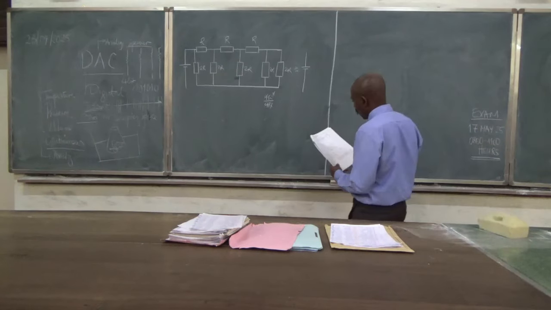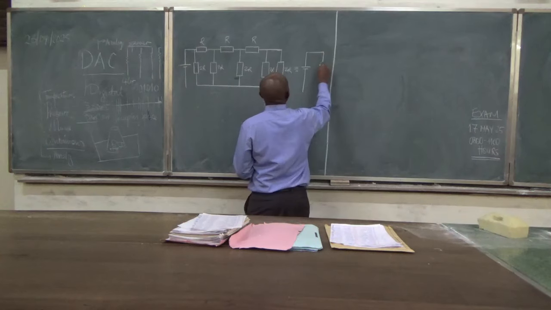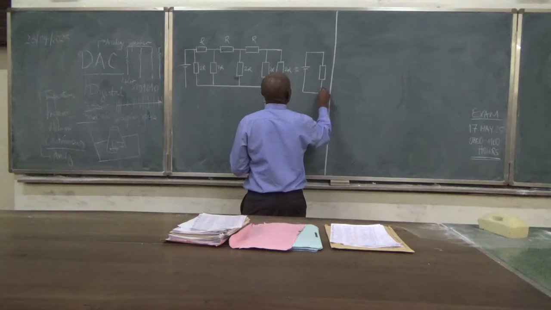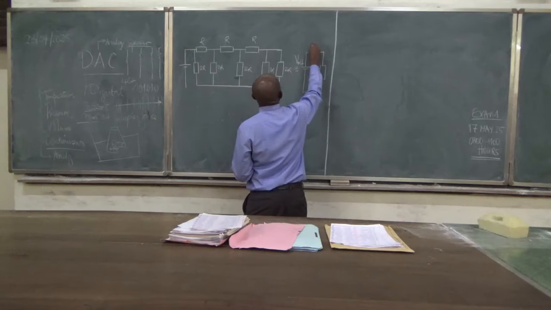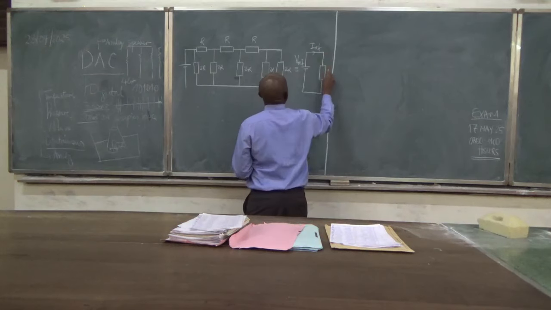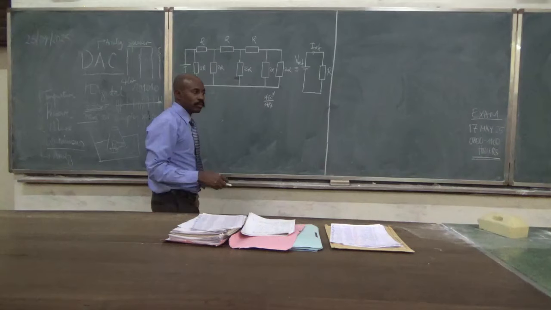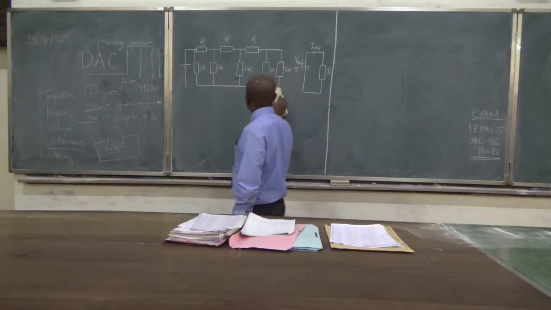Anyhow, it ends up being R. The effective resistance will be R. This is I ref. This is R. But let's do it so that we don't cram stuff here.